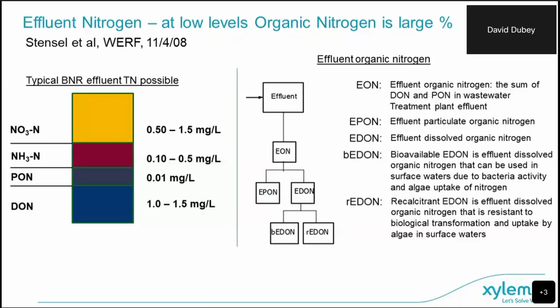So in effect, this recalcitrant effluent dissolved organic nitrogen is not really a factor for the river, but nevertheless, if we're doing a TN, if we have a TN on our permit, we have to count it anyways, even though it technically is not going to hurt the river.